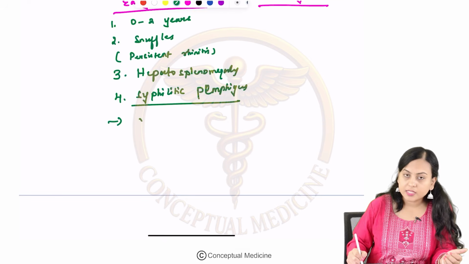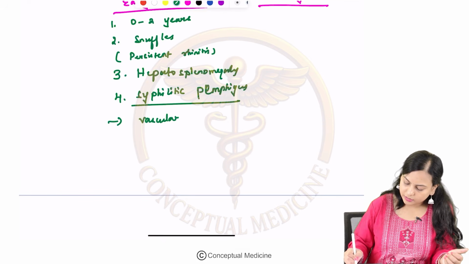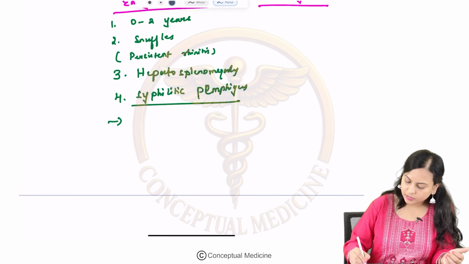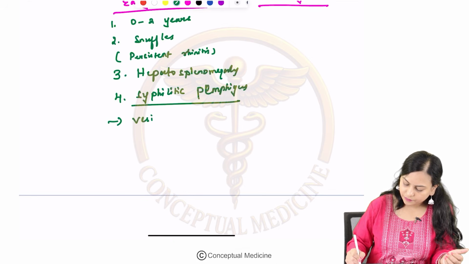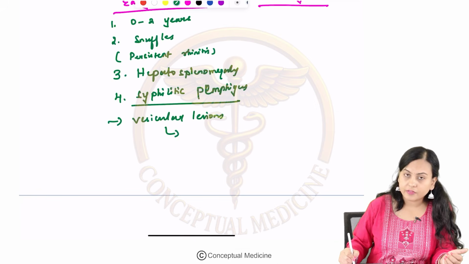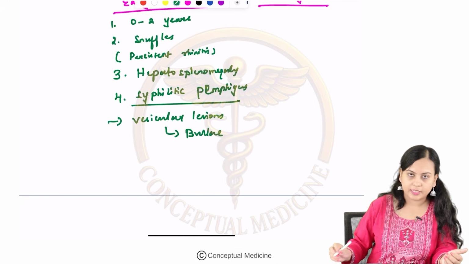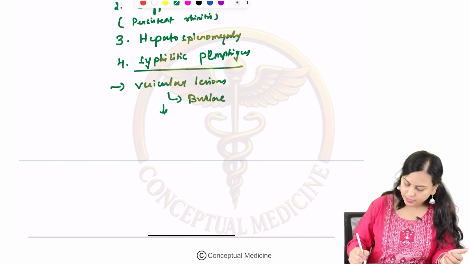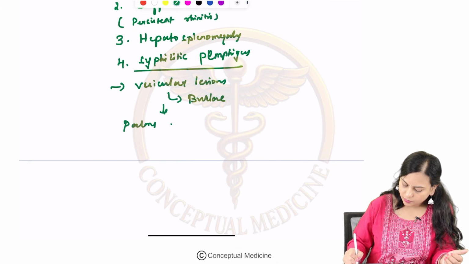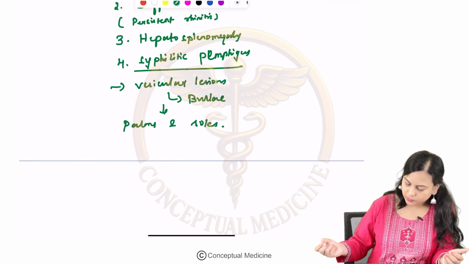Syphilitic pemphigus means vesicular lesions, sometimes even bullae are seen. Okay, and especially these are seen on the palms and soles.